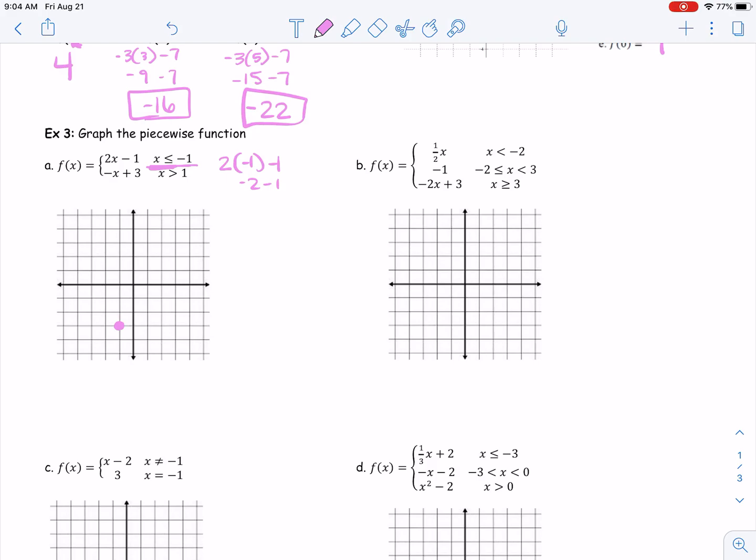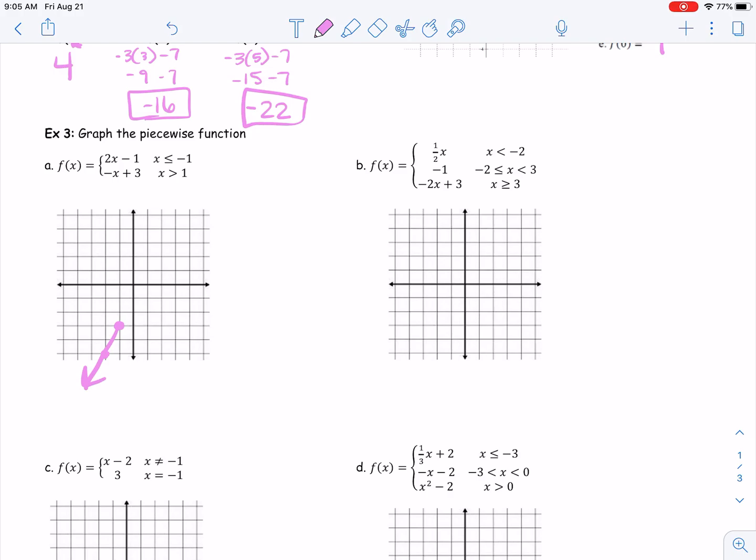So maybe I want to try negative 2. 2 times negative 2 minus 1. That would be negative 4 minus 1, which is negative 5. So when x is negative 2, y is negative 5. And then boom, I can make my line there. The same exact thing. Okay, so it's whatever's easier for you, and it might depend on the problem. It might depend on your personal preference. It's just up to you.